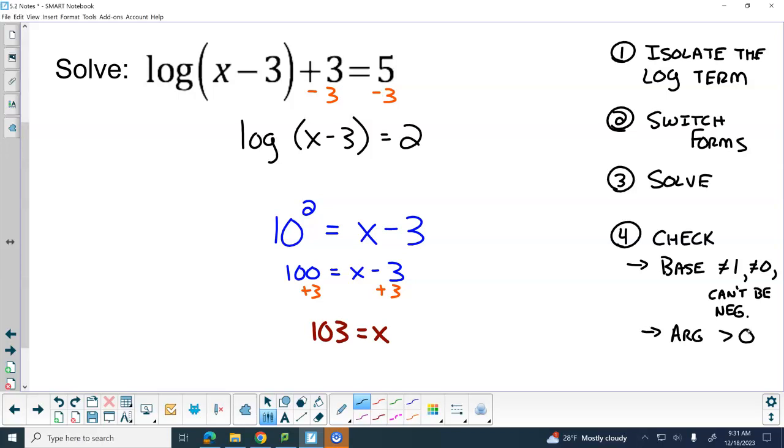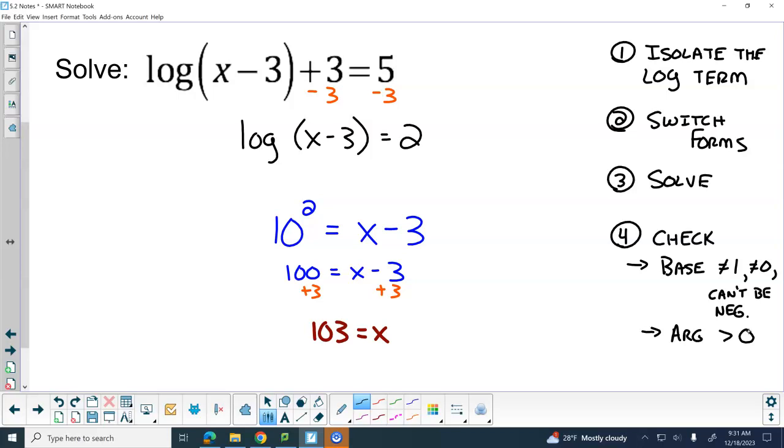Okay? Alright? So if I plug this back in, 103 minus 3, plugging it back into my original equation. Don't even think about pulling out a calculator for this. What do you got? 100.